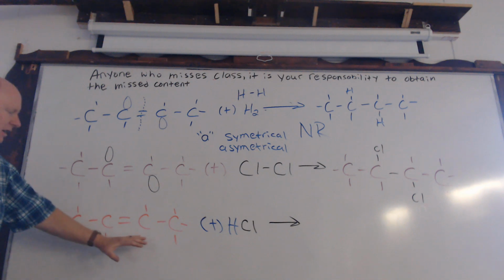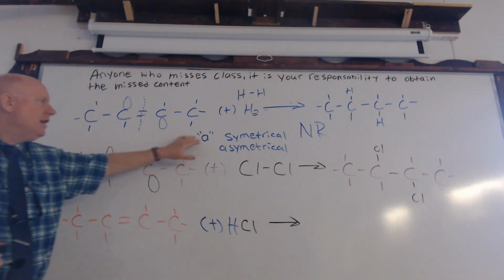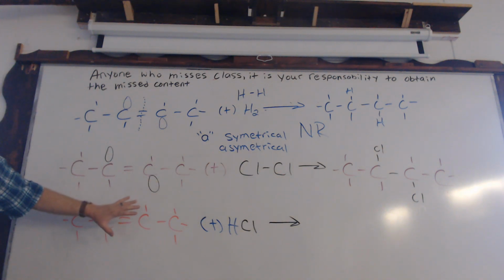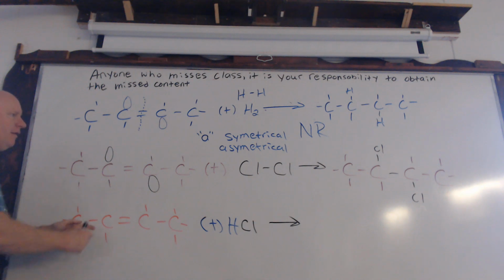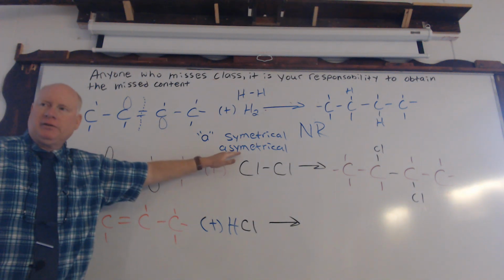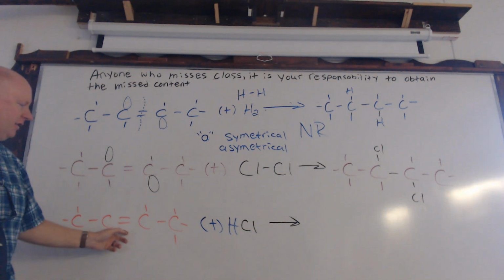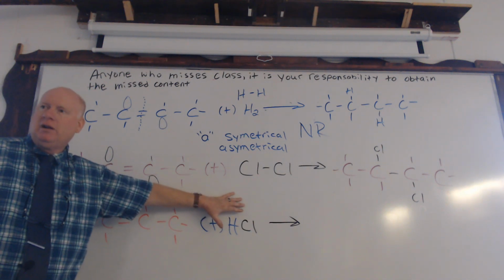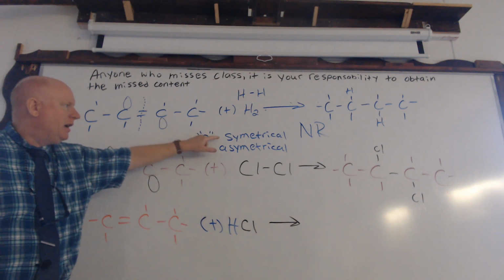Because this is still a space symmetrical compound, okay? It's when this gets moved to the end, then it's asymmetrical, okay? But anytime it's not on the end, even if you had 5 more carbons on this side, it's still considered a space symmetrical.